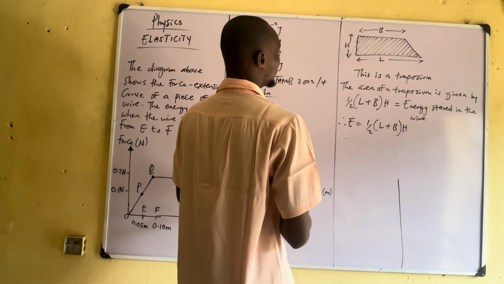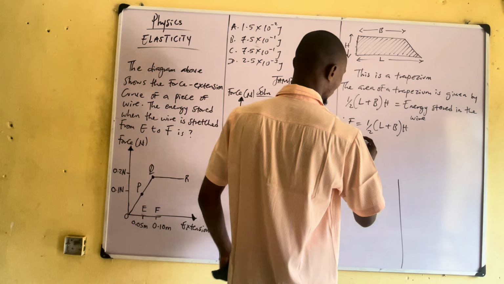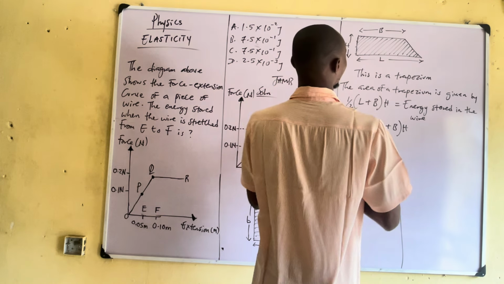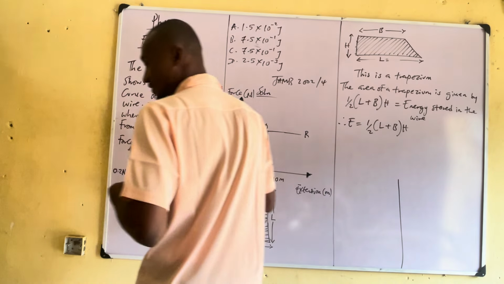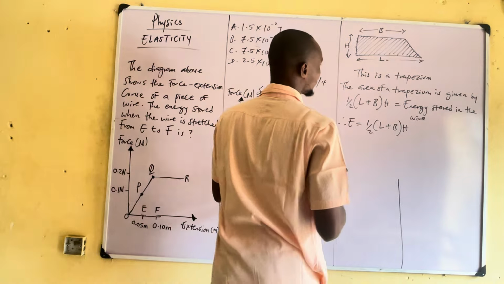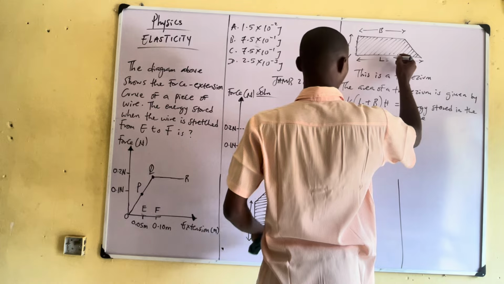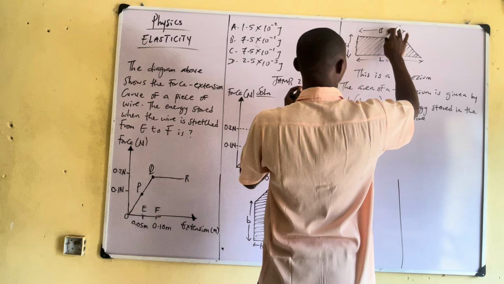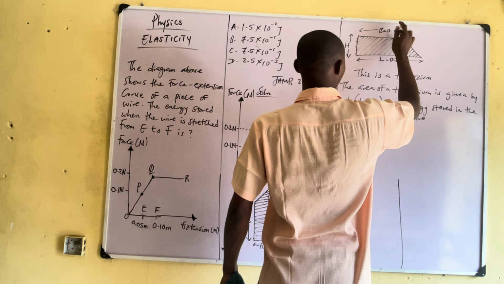In this diagram, where we indicated the length and breadth, our length here is equal to 0.2, and our breadth here is equal to 0.1.